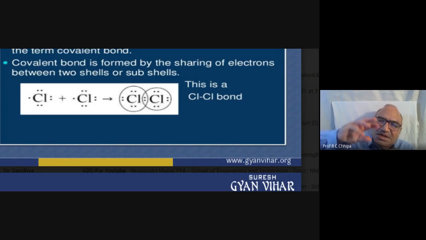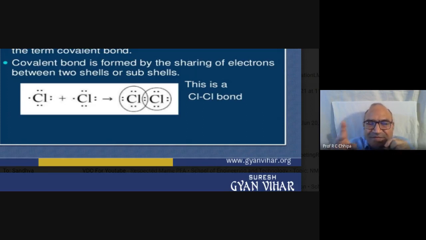So shell, subshell, and then the atomic orbital. Chlorine has 1s2, 2s2, 2p6, then 3s2, 3p5. So there are two subshells, the s subshell as well as the p subshell.